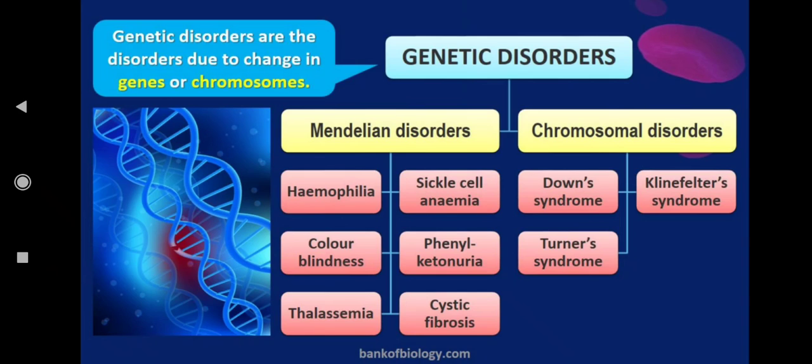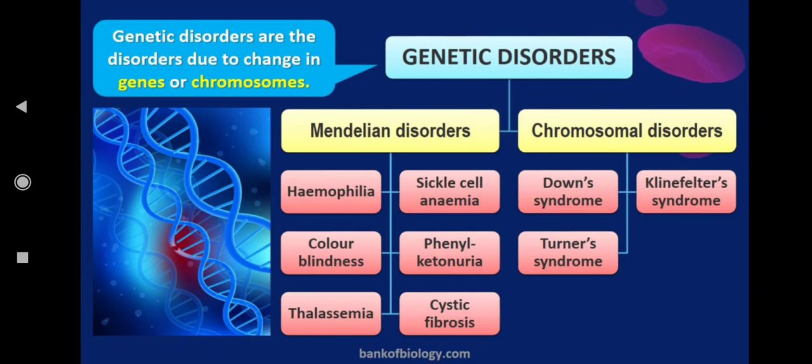Either an intercalary deletion may happen, or an apical deletion of the chromosome may happen, or one or two chromosomes will be added sometimes, or one chromosome will be deleted sometimes. So if the changes take place in the chromosome, it is called chromosomal disorder. If any changes occur in the gene, it is called Mendelian disorder.